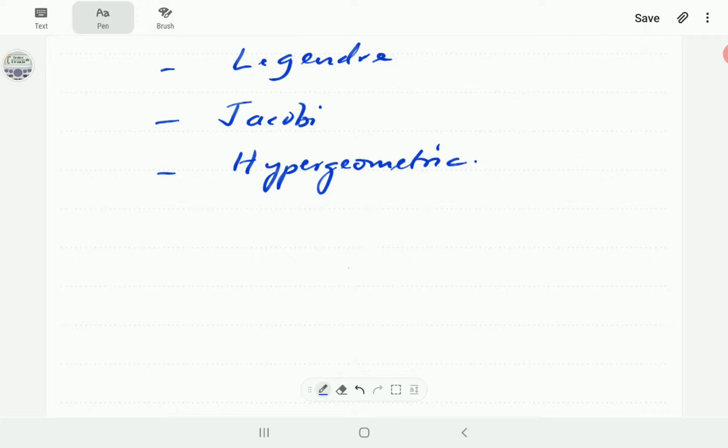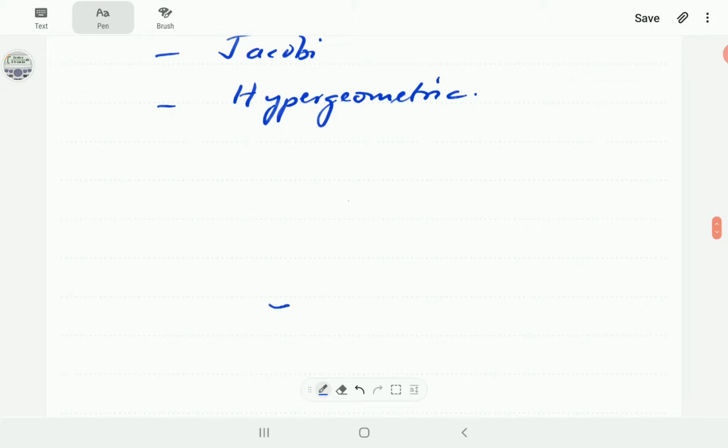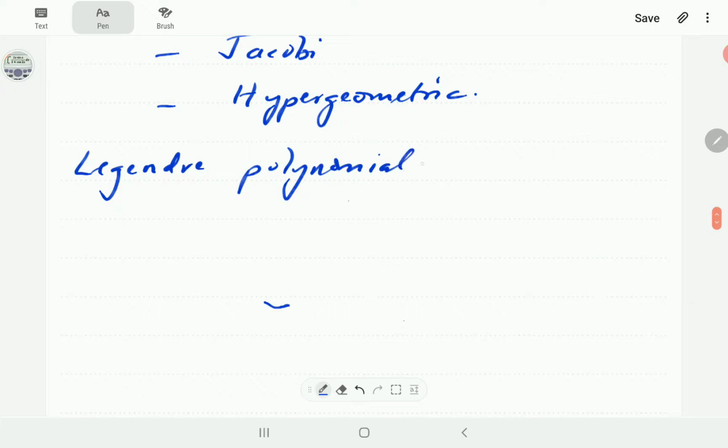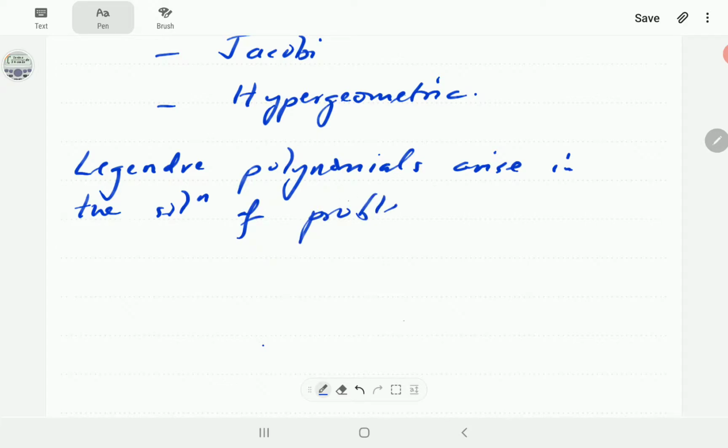Now, as we've said, these Legendre polynomials typically arise in the solution of problems involving spherical symmetry.